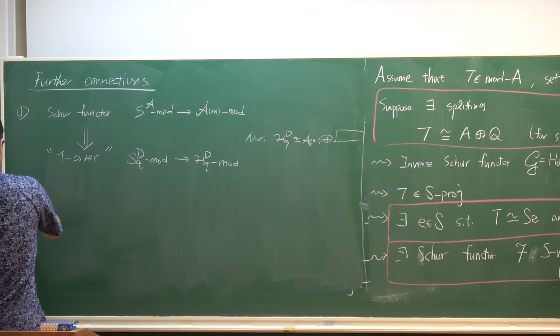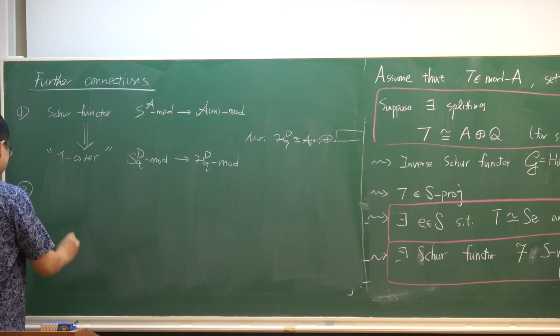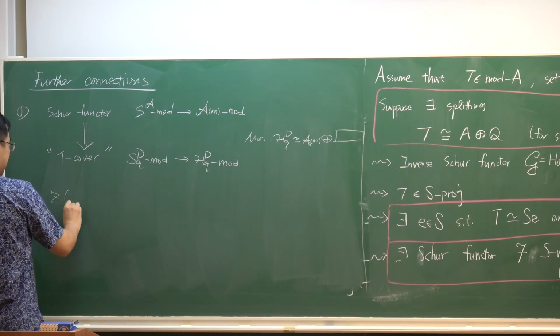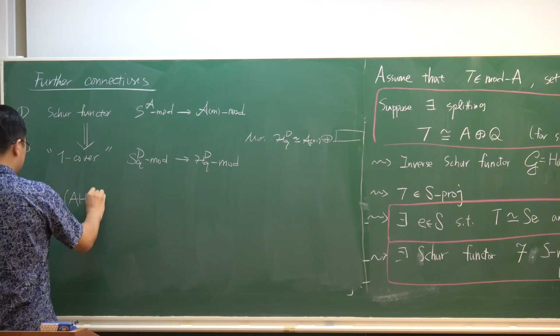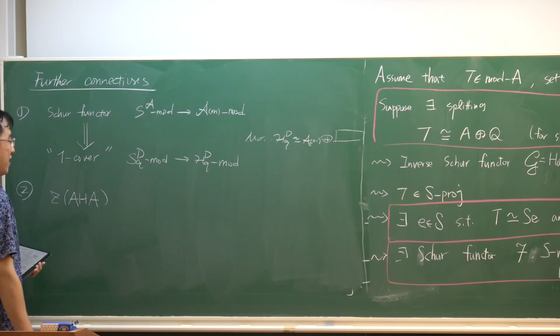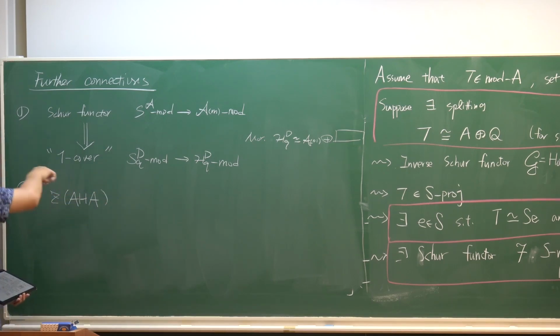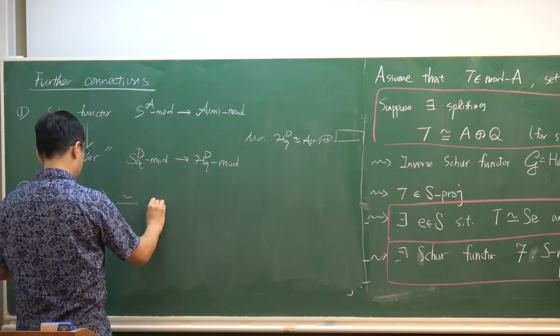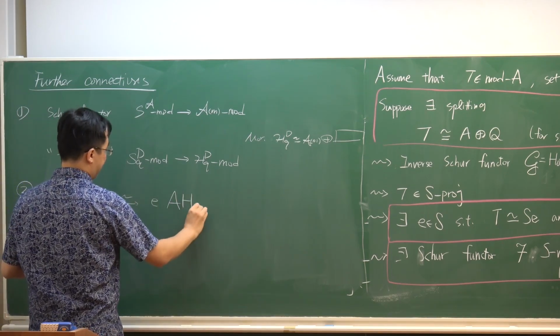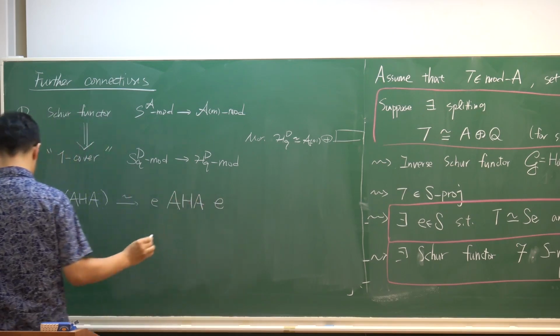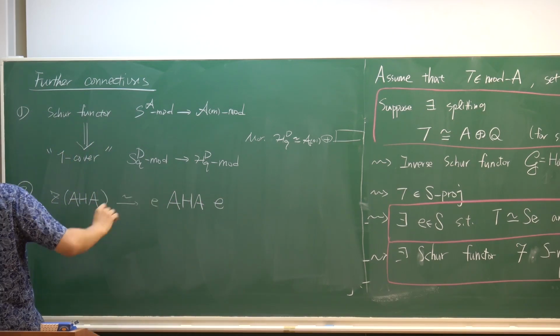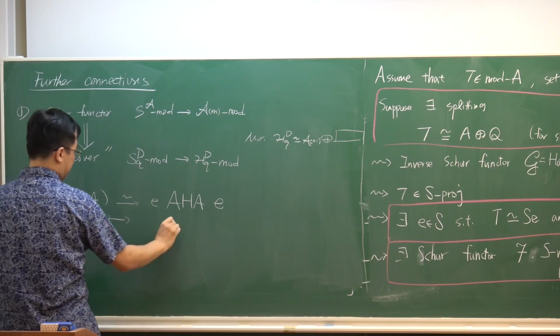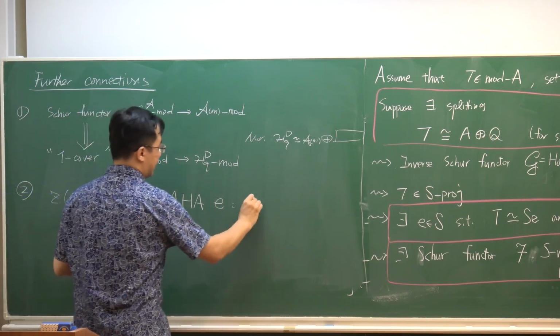And then some wild thoughts. There is an isomorphism for the spherical affine Hecke algebra: you take the center of your affine Hecke algebra, and then you hit both sides by some idempotent to be constructed. This is called the Satake isomorphism.